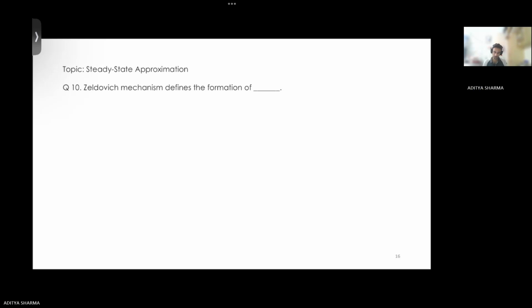So in the discussion on steady state approximations that we do in the study of elementary reactions, it was explained using a mechanism which is popular by the name Zeldovich mechanism.